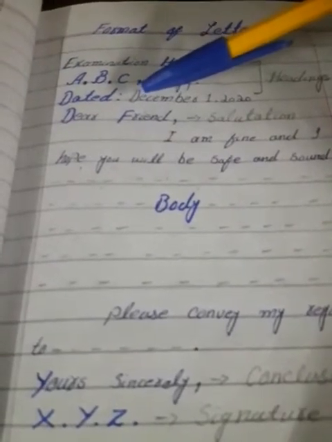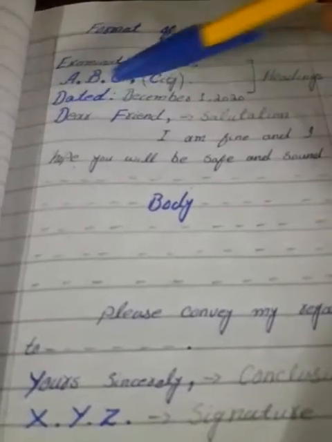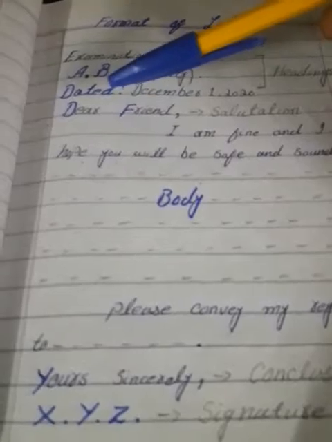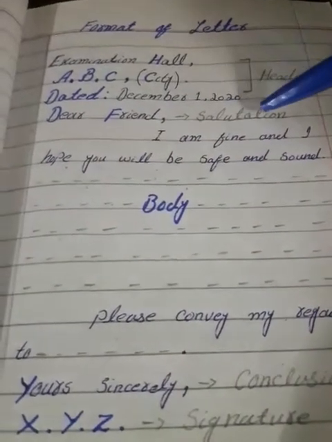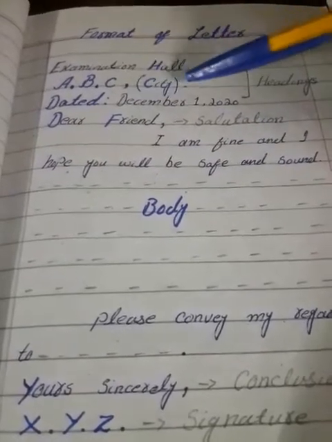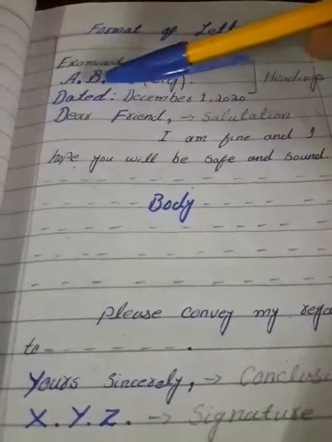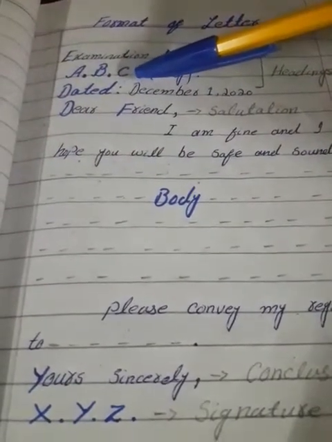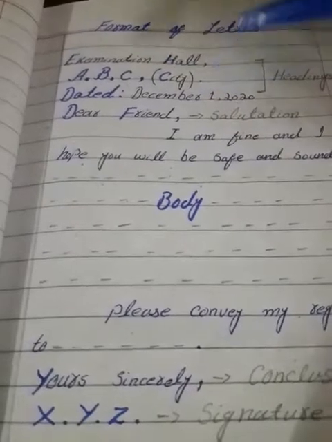D should be capital and F should be capital, and both should be with the marker. Dear friend, comma, and then salutation. Listen again: Examination hall, comma, ABC, after A, full stop, and comma. And then full stop, meaning we have dots.